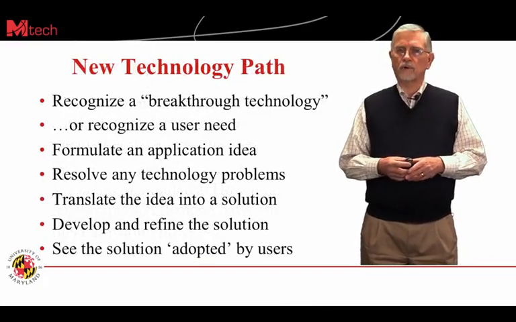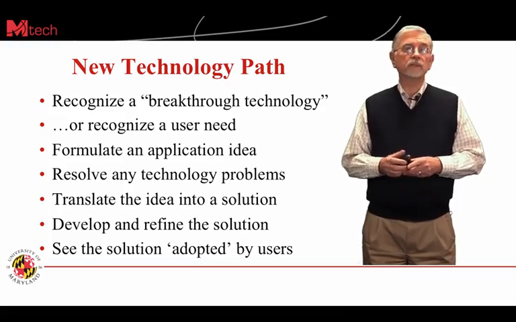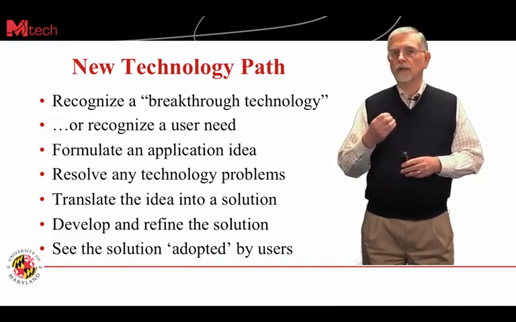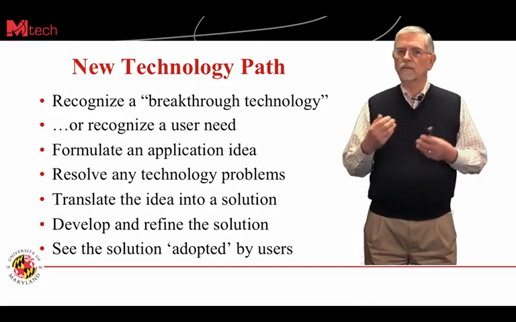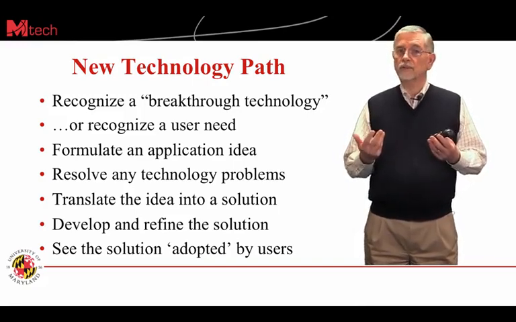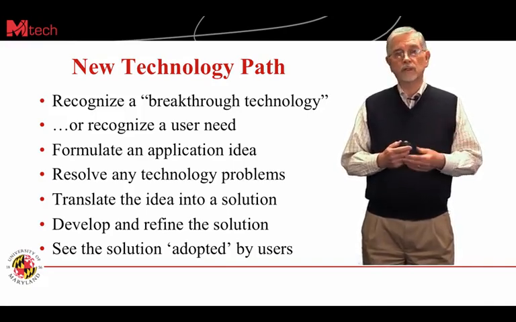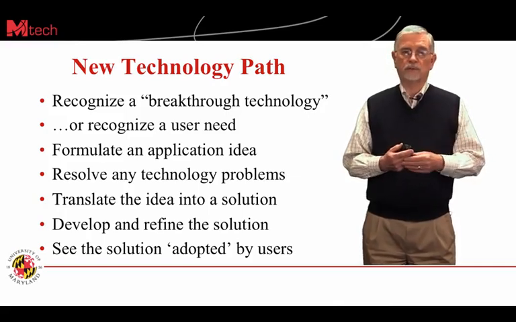A second form of innovation process is a new technology path. This is where a new technology triggers an innovation. The first step is usually a recognition of some breakthrough technology or some user need that a technology can respond to.